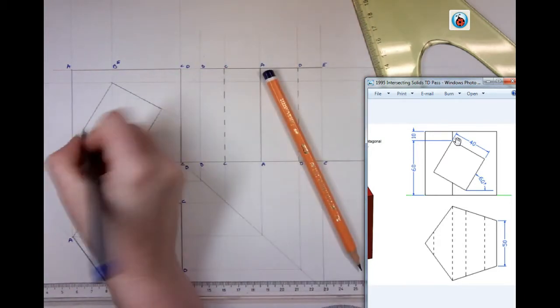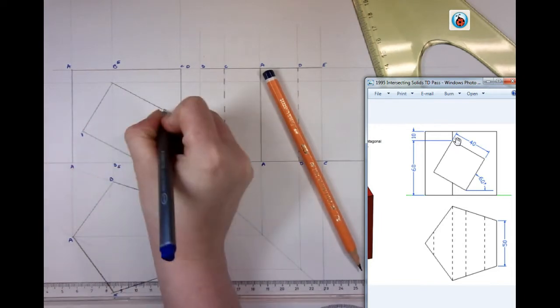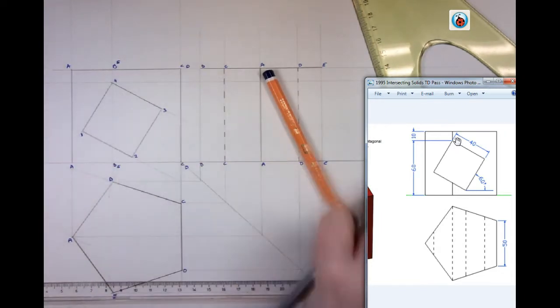I'm going to look at my square. I have points 1, 2, 3, and 4. I'm going to find them in my plan.